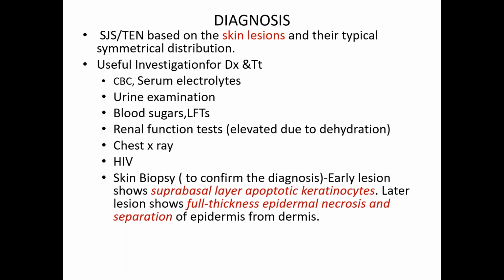Biopsy is often not required, but if you do a biopsy, you see apoptotic keratinocytes in the suprabasal layer. In the later lesions, you can have full thickness epidermal necrosis and separation.